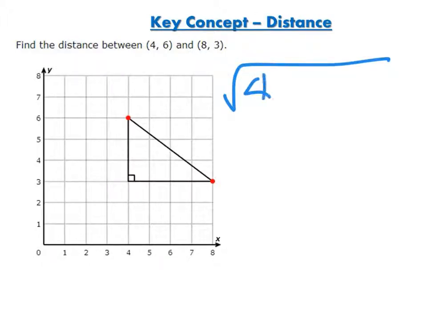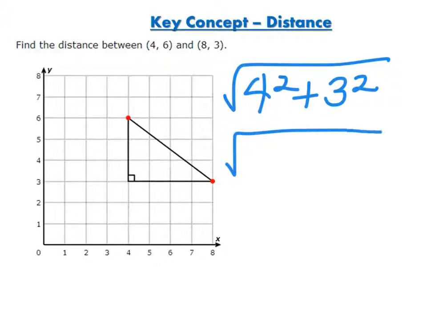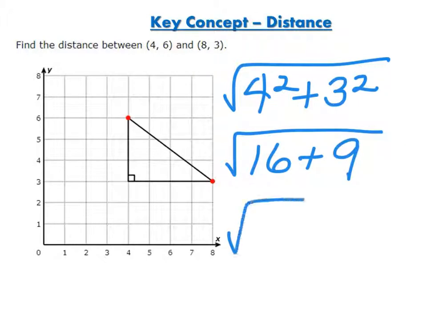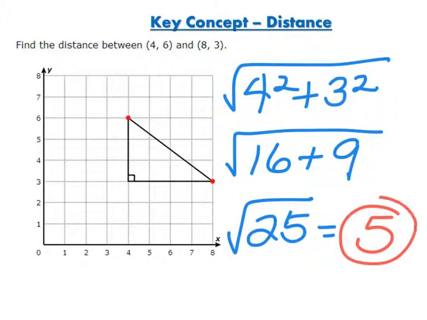So that's 4 squared plus the distance from 3 to 6, or 6 to 3, either way is 3, which is 3 squared. 16 plus 9 is 25, and the square root of 25 is 5. So the distance between these 2 points is 5.